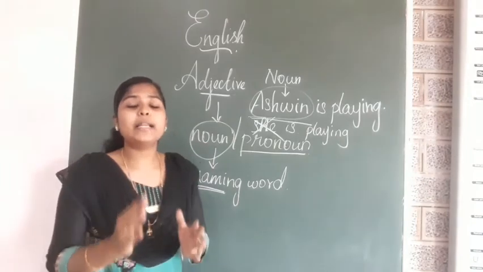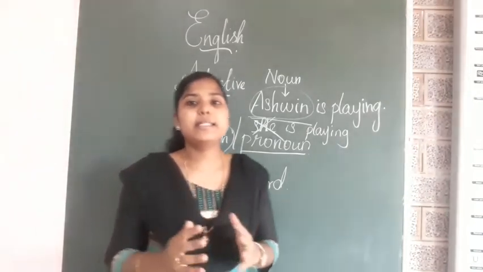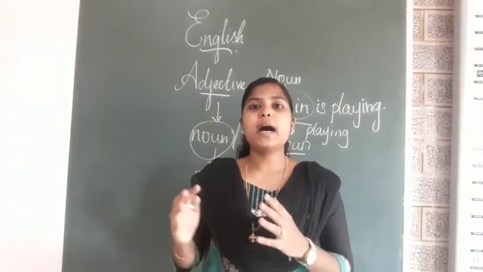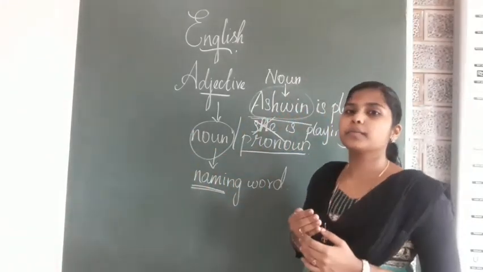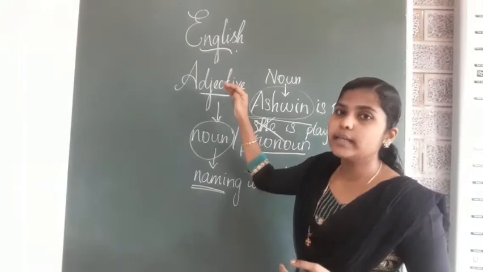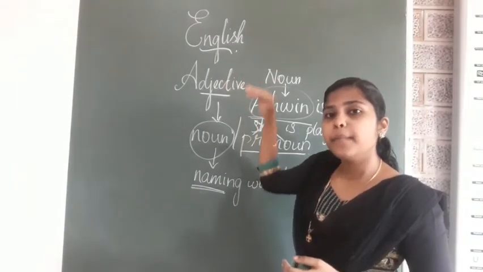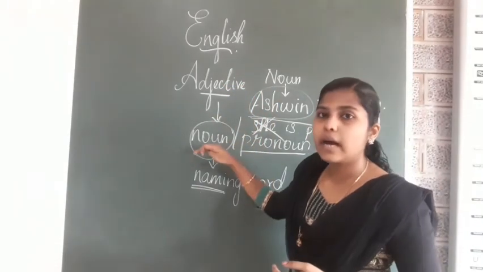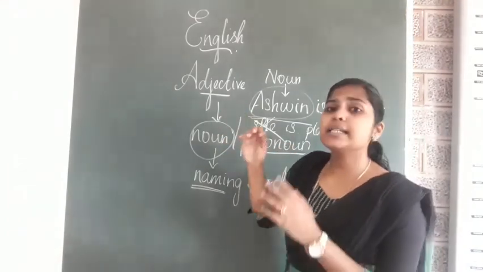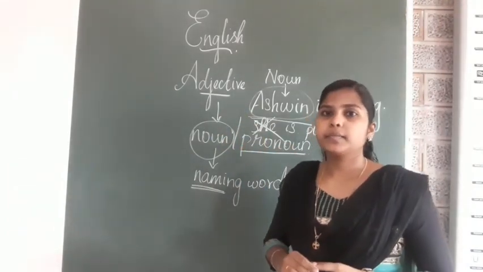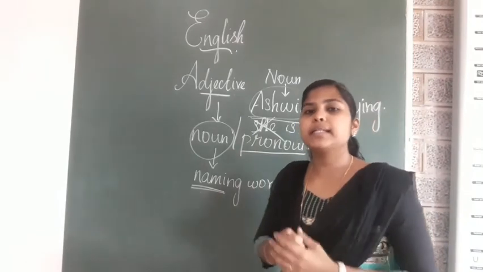I have told you already what an adjective is. Adjectives are words that are adding meaning to a noun or a pronoun. Adjectives are descriptive words. It is describing something.